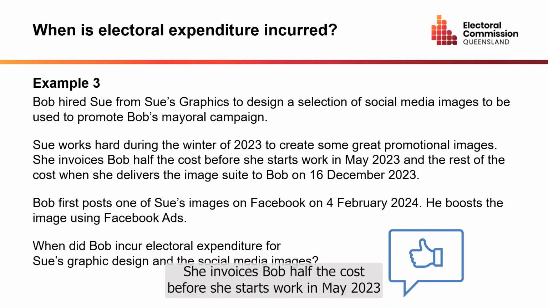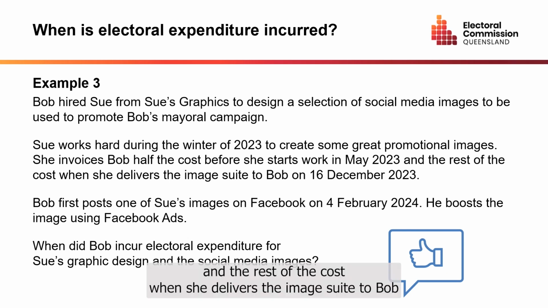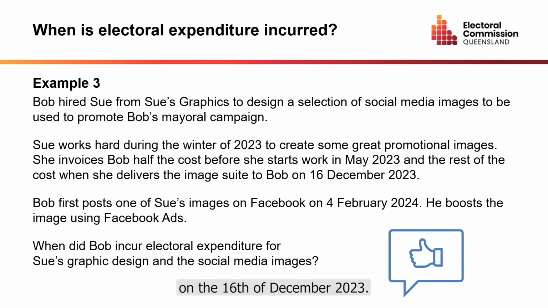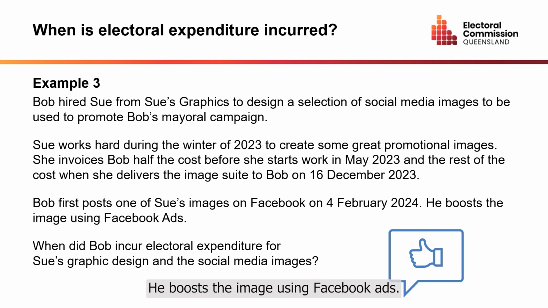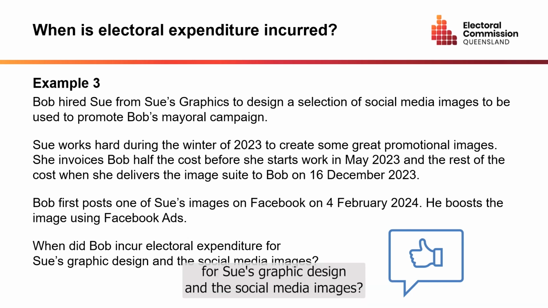She invoices Bob half the cost before she starts work in May 2023, and the rest of the cost when she delivers the image suite to Bob on the 16th of December 2023. Bob first posts one of Sue's images on Facebook on the 4th of February 2024. He boosts the image using Facebook ads. When did Bob incur electoral expenditure for Sue's graphic design and the social media images?